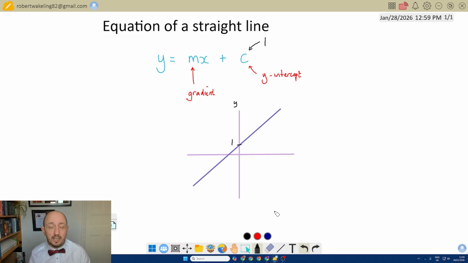For the gradient, we have to do a little bit more work. The gradient is defined as rise over run. Okay, the slope of the line is a measure of how far you go across and how far you go up.